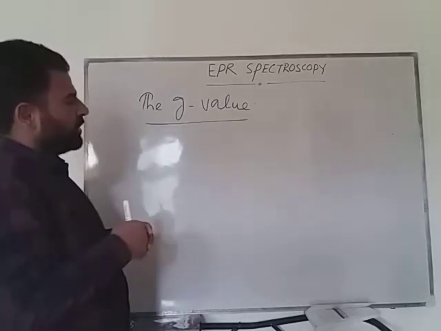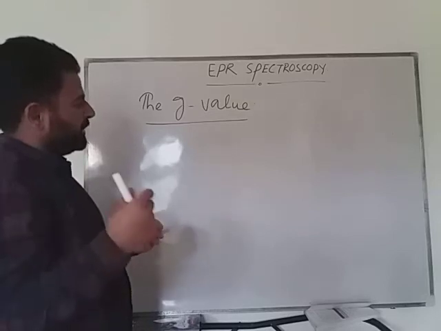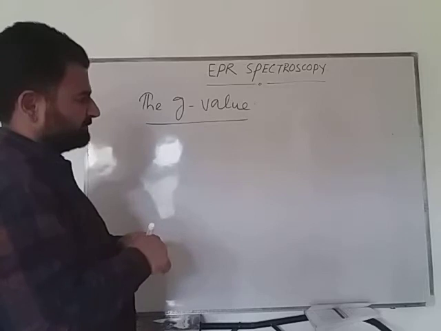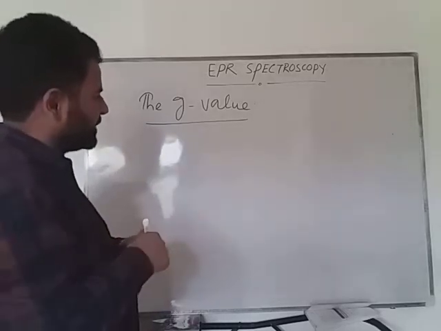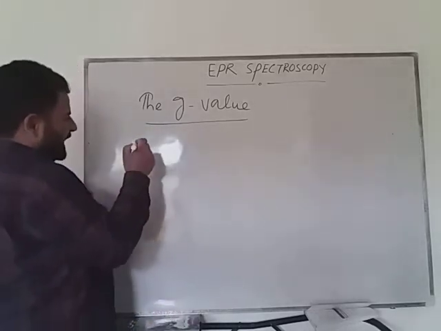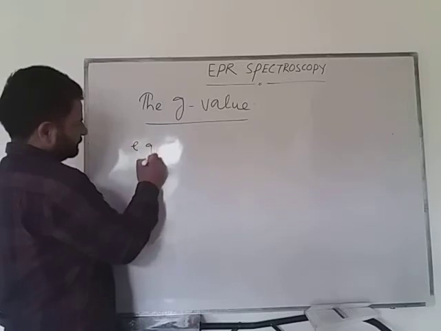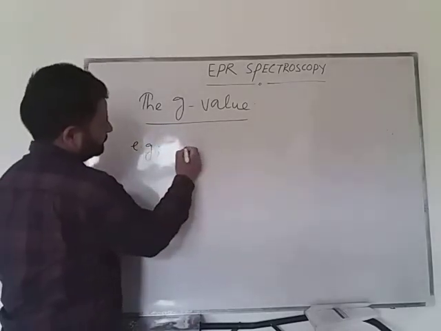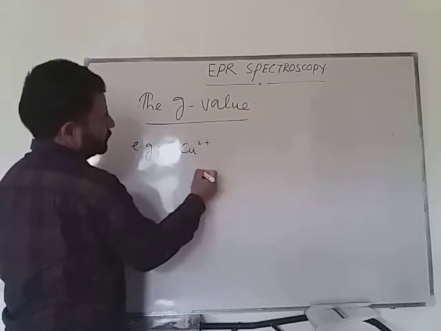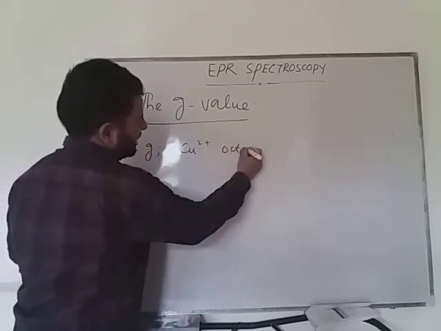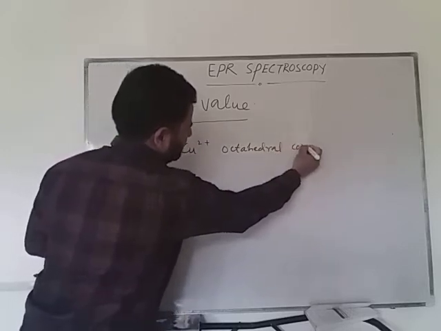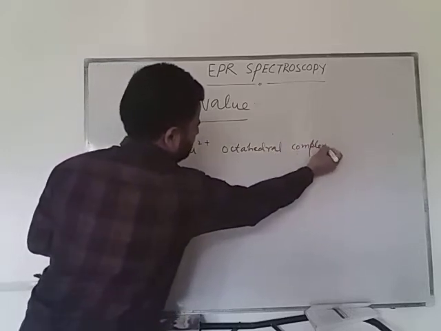So the value of G will depend on the electron density along its direction of measurement. For example, we will take the example of copper 2 positive octahedral complexes.